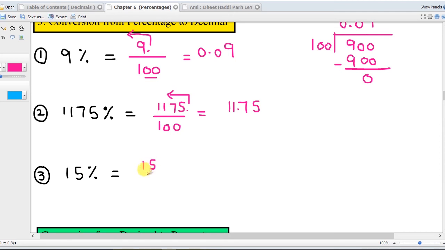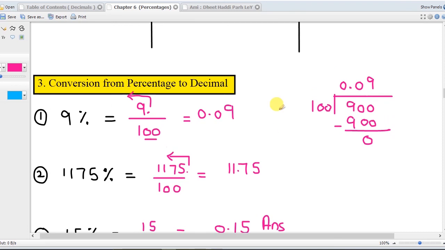Then it is 15%. So 15, get rid of this percentage sign by dividing it by 100. Per means divide, cent means 100. So now simply solve this one. We are getting our value as 0.15. I hope you have got the concept.